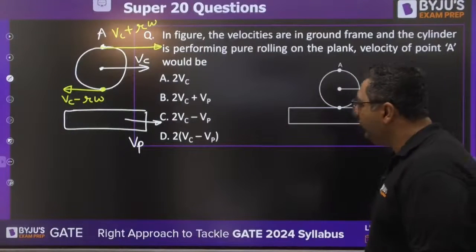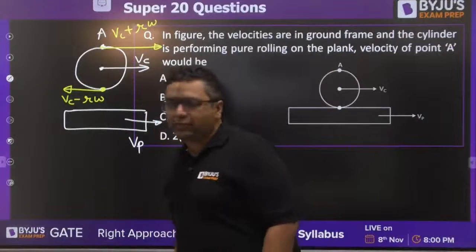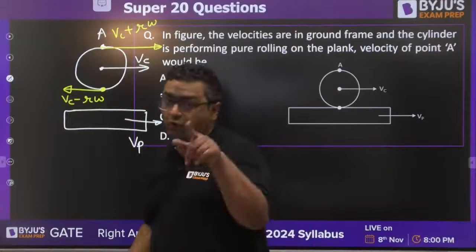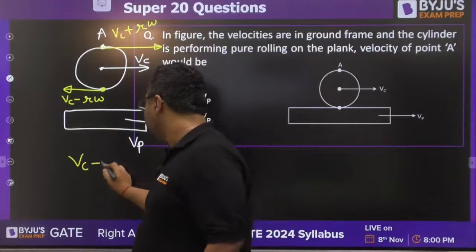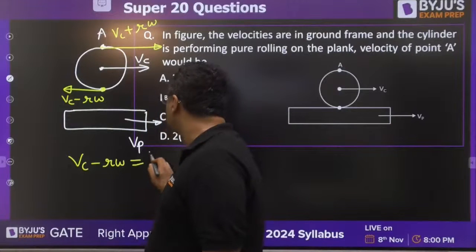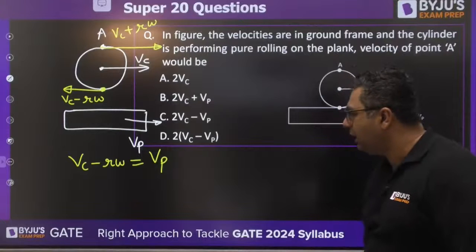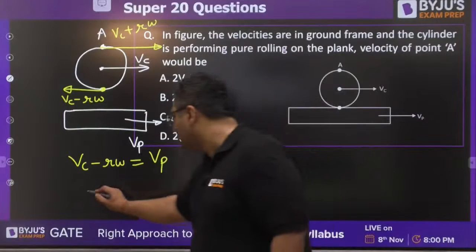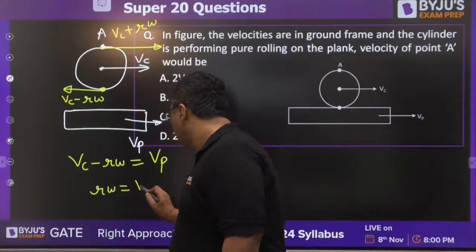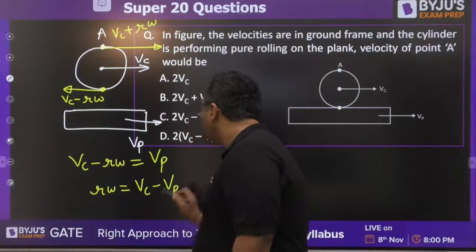So you will be equating that. What is Vc minus R omega? That should be equals to Vp for pure rolling motion. So Vc minus R omega is equals to Vp. So when you see the value of R omega, you would be getting R omega to be equals to Vc minus Vp.